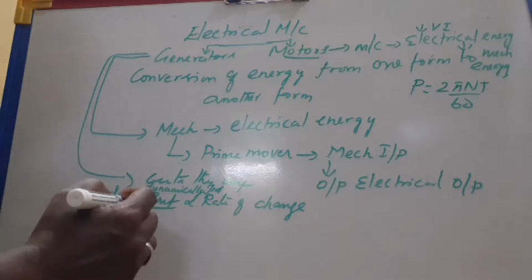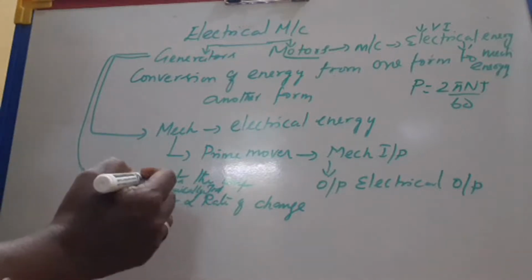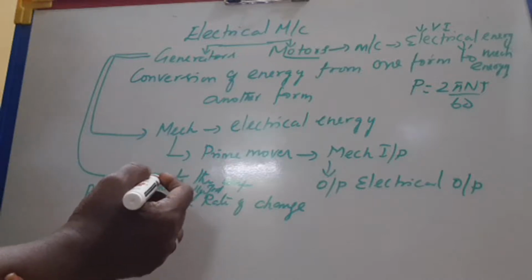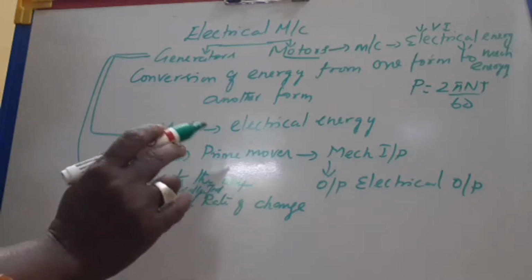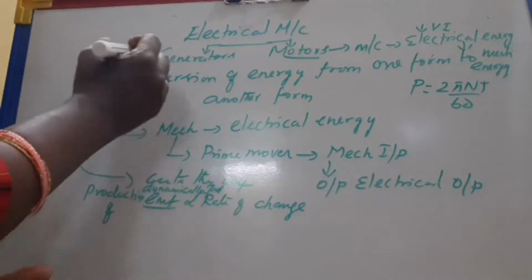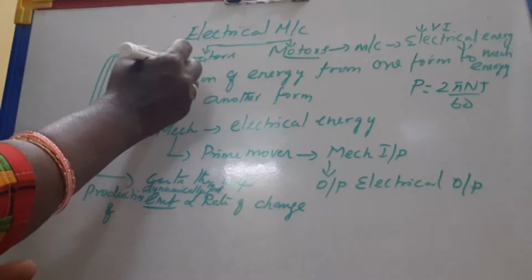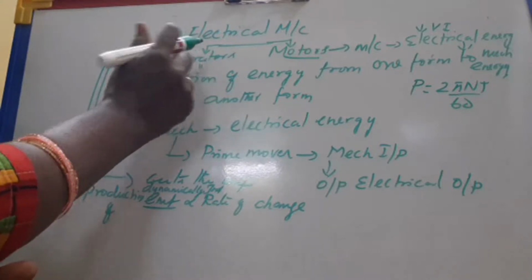Here we are taking a conductor which is rotated in the magnetic field, so it cuts the lines of flux and EMF is induced. The induced EMF is directly proportional to the rate of change of flux linkage. Here we can consider a simple loop generator, or a single turn conductor.